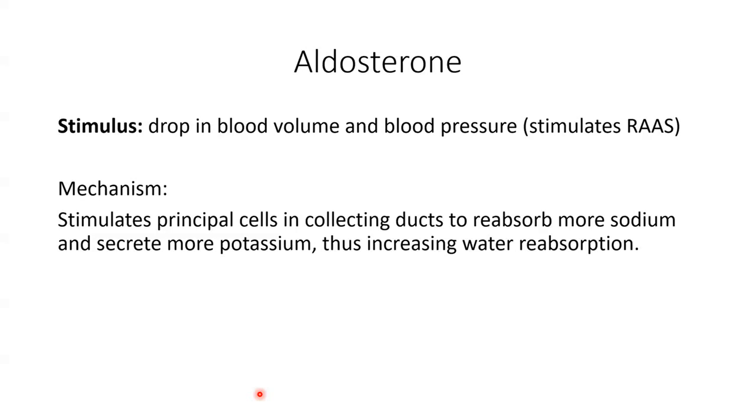When there's more sodium in the blood, we have increased reabsorption of water, which increases our blood volume and increases our blood pressure. Now, aldosterone works along the late distal convoluted tubule and along the collecting duct.